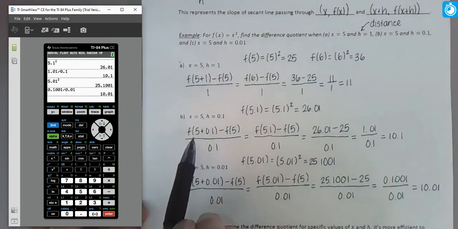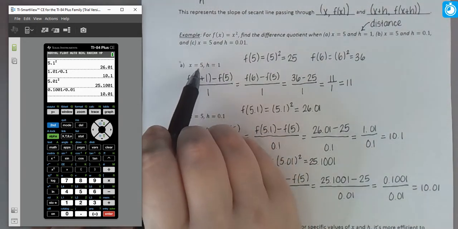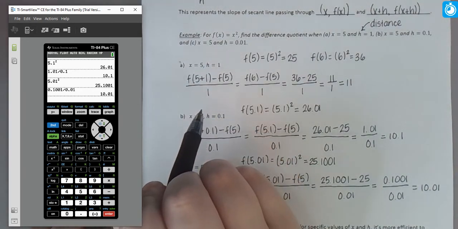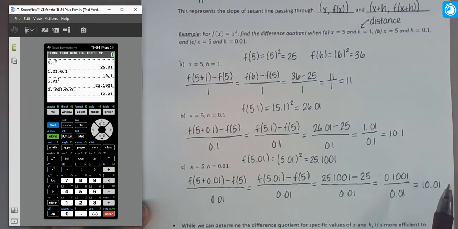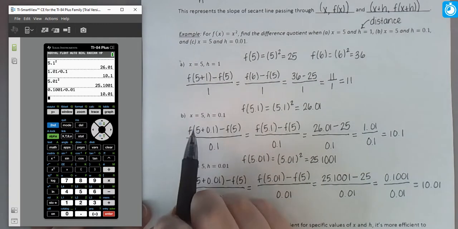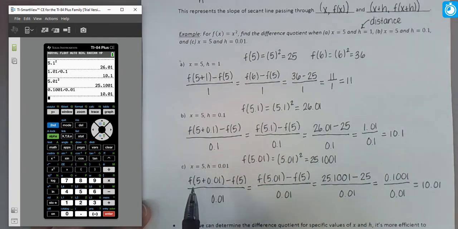So we actually calculated the value from scratch for each individual value of x and value of h. And so we basically had to do the whole calculation every time and find each of the function values from scratch every time. And keep in mind, we had the same x value each time, the same starting value.